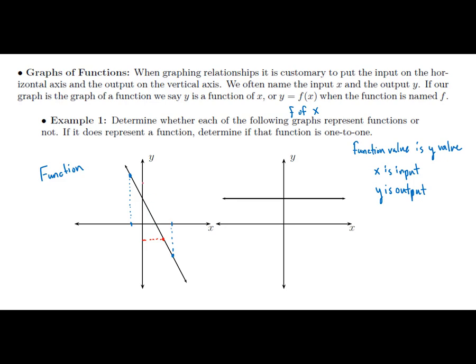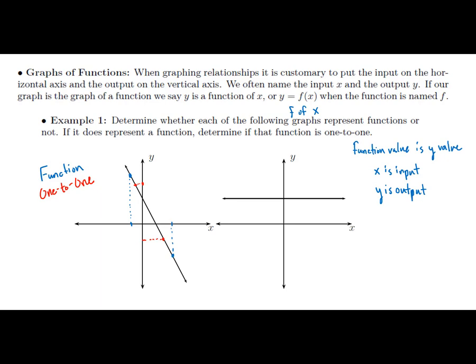If I pick this y value, I can see it only goes with this particular x value here. So it looks like it's also true that every y only has one x associated with it. So then that would mean that this is also a one-to-one function. All right, so we can answer yes on both counts on this particular graph.